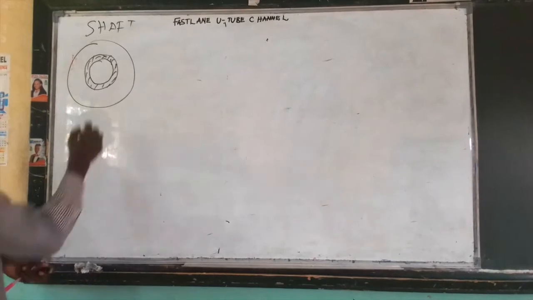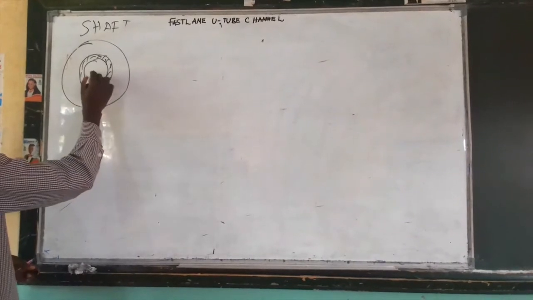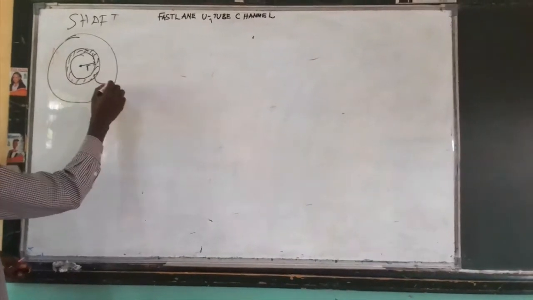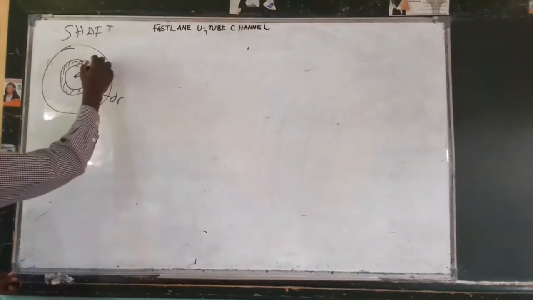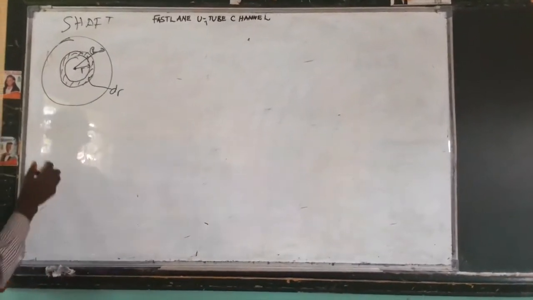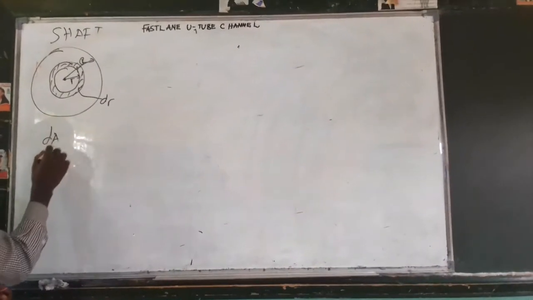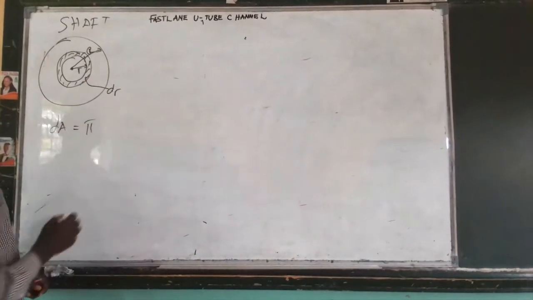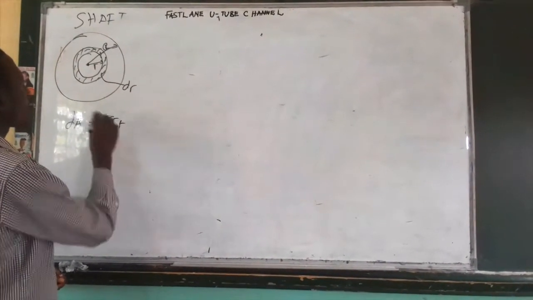We are going to consider a cylindrical shaft. We take a section and an element of thickness dr, with the radius of the whole shaft being R. First we get the area of the shaded element, which will be the area of a circle, pi r squared.